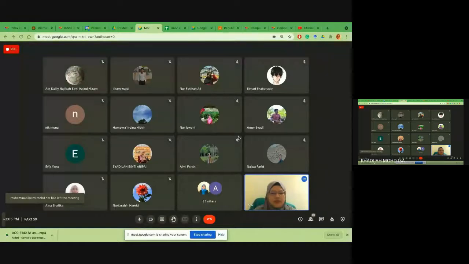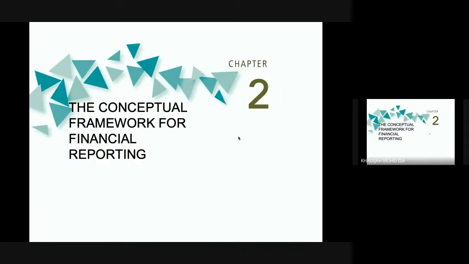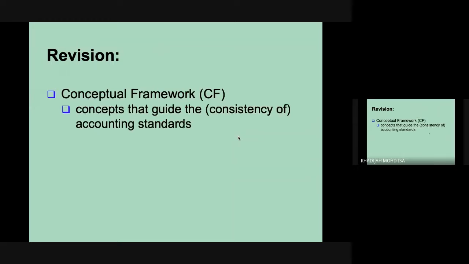Okay, so the conceptual framework for financial reporting in chapter 2, we have actually been looking at what the conceptual framework is and what its content is. We know that it's a concept that guides, so it's a guideline, to ensure the consistency of accounting standards.